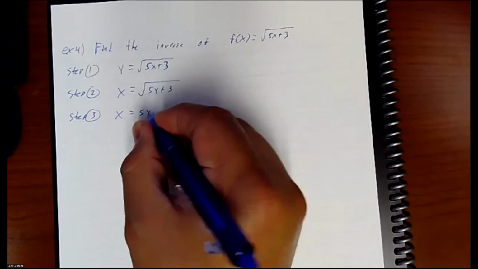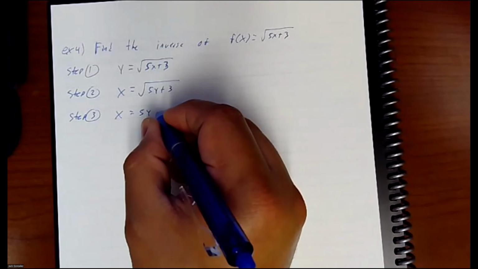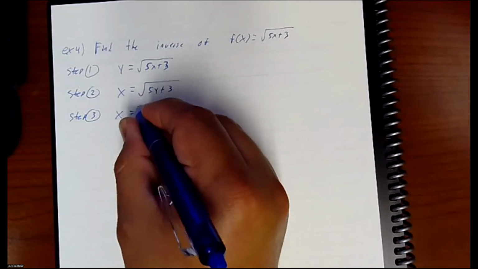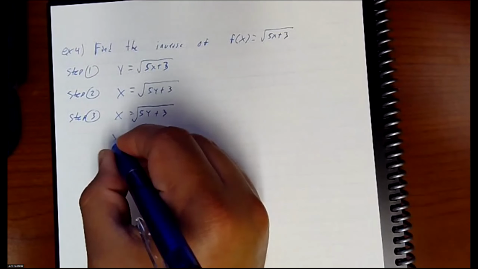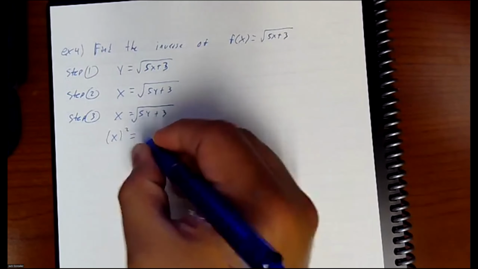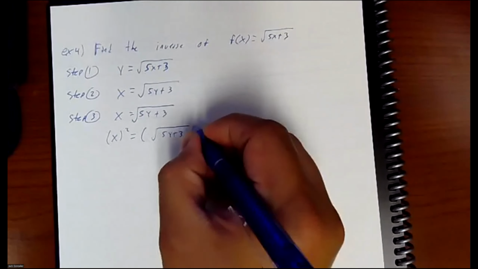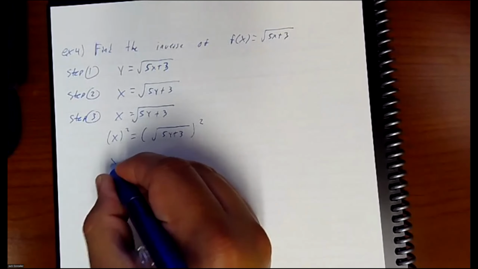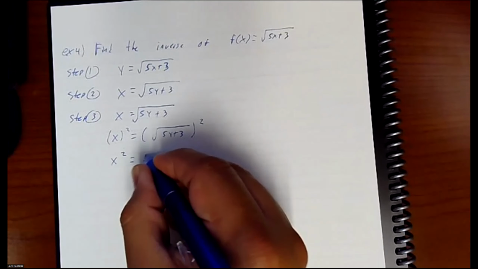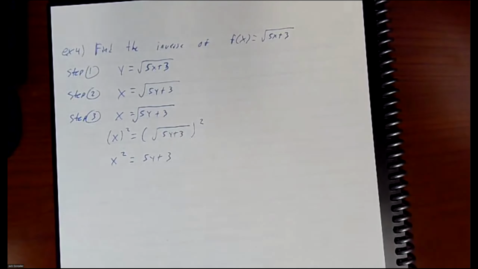In this case, I'm going to have to square both sides, right? Squaring cancels the radical.